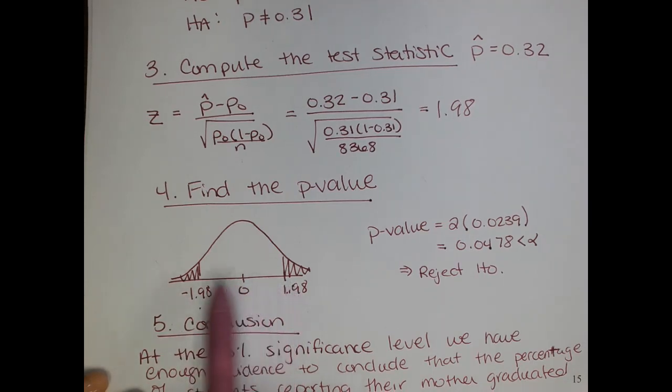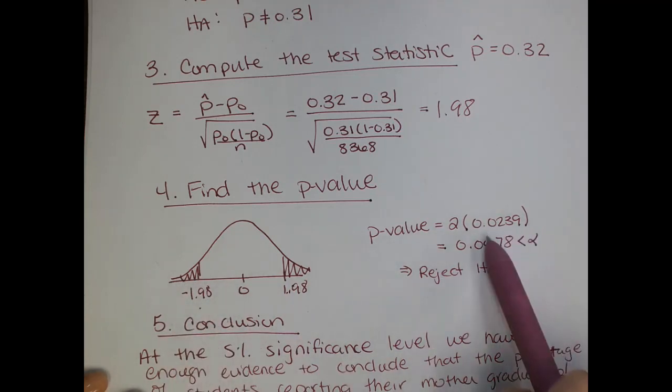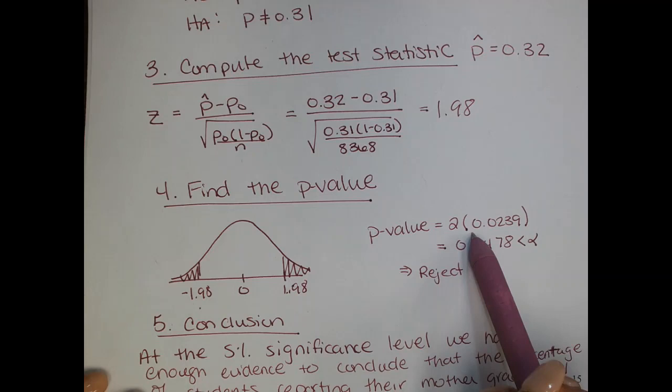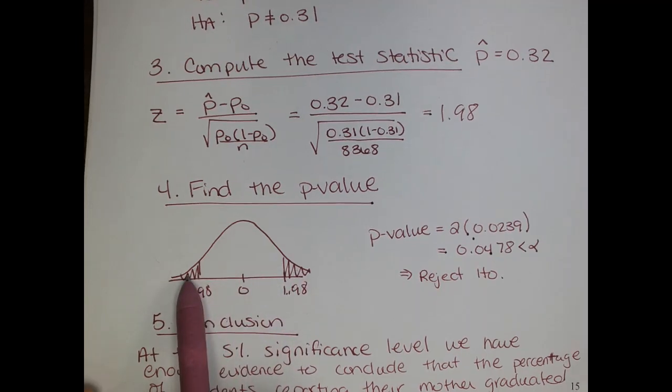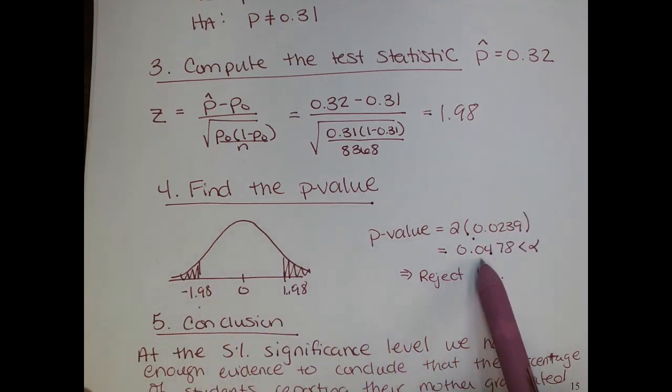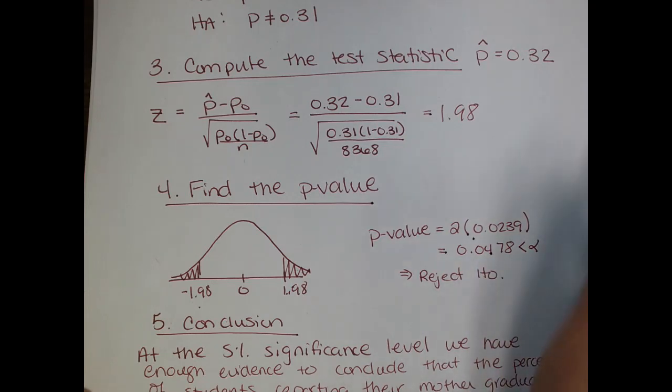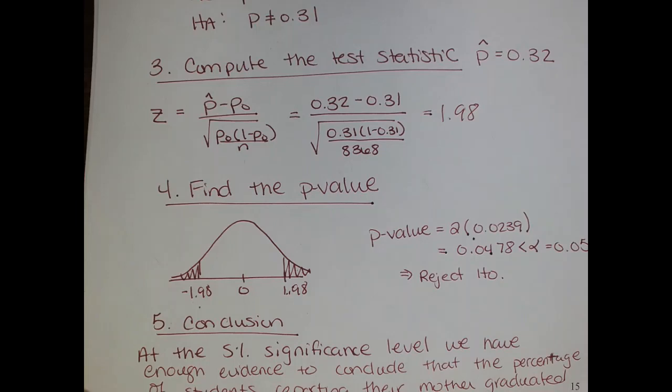So using your normal curve, you should find the area to the left of negative 1.98 is 0.0239. And then we can multiply that by 2, again by the symmetry in the curve, to get the area in each of the tails. This value is 0.0478, which is less than our alpha, which is equal to 0.05, so we get to reject the null.